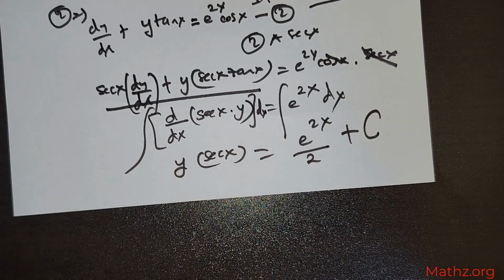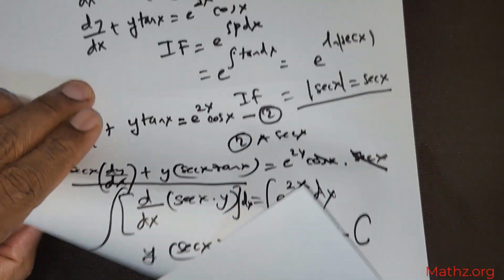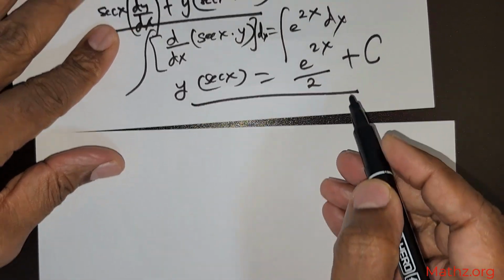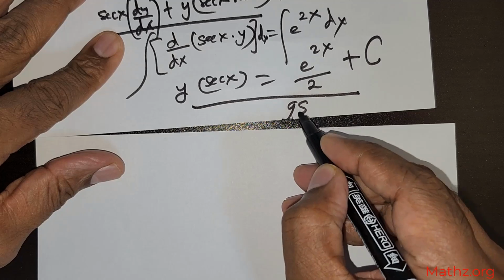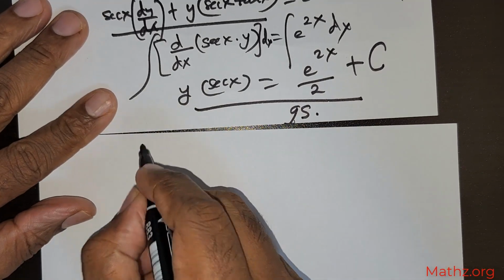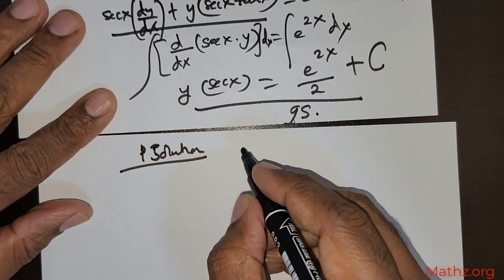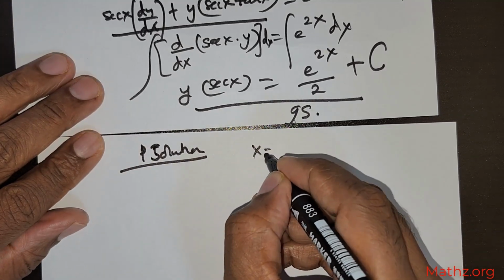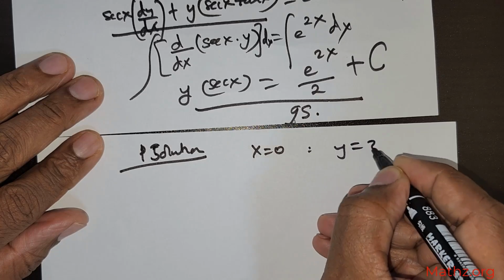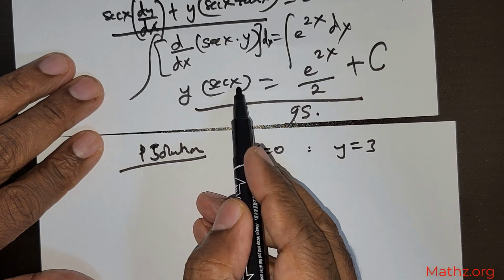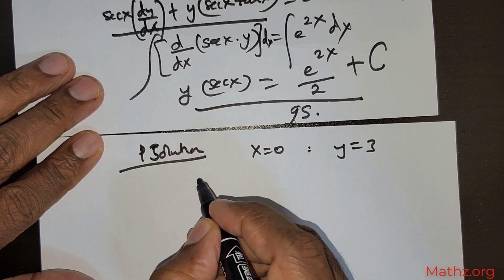Okay, so let me move on to the next side of the paper. So I'm going to write this here. What is this? This is the general solution, GS. Now to get the particular solution, what is given? We are given when x is equal to 0, y is equal to 3. So substitute x is equal to 0.